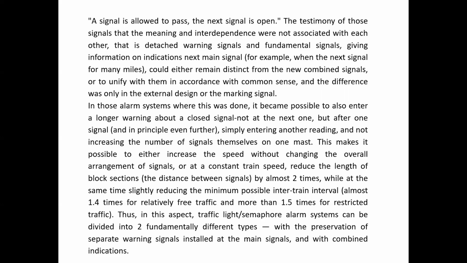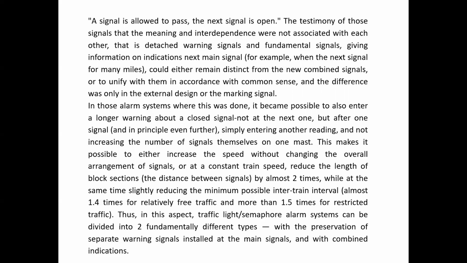For example, when the next signal for many miles could either remain distant from the new combined signals or be unified with them in accordance with common sense, and the difference was only in the external design or the marking of the signal. In those alarm systems where this was done, it became possible to also enter a longer warning about a closed signal, not at the next one but after the next signal, simply entering another reading and not increasing the number of signals themselves on one mast.